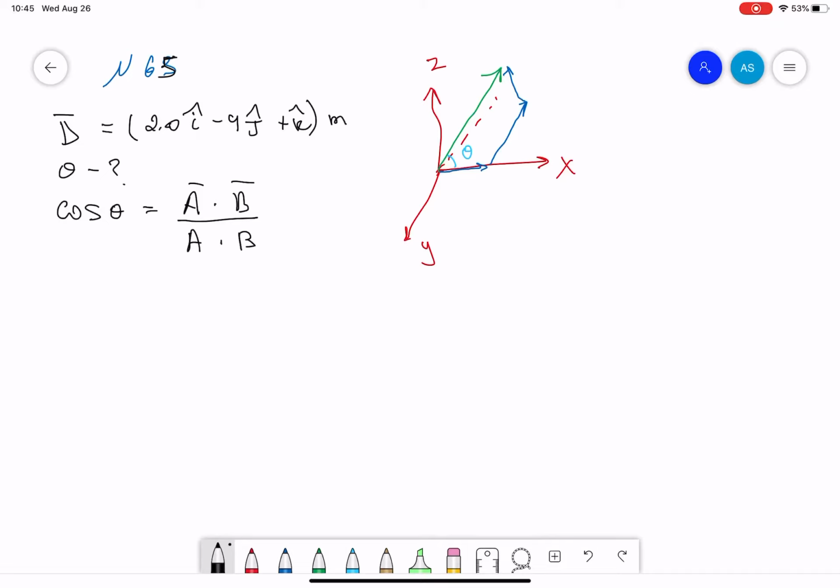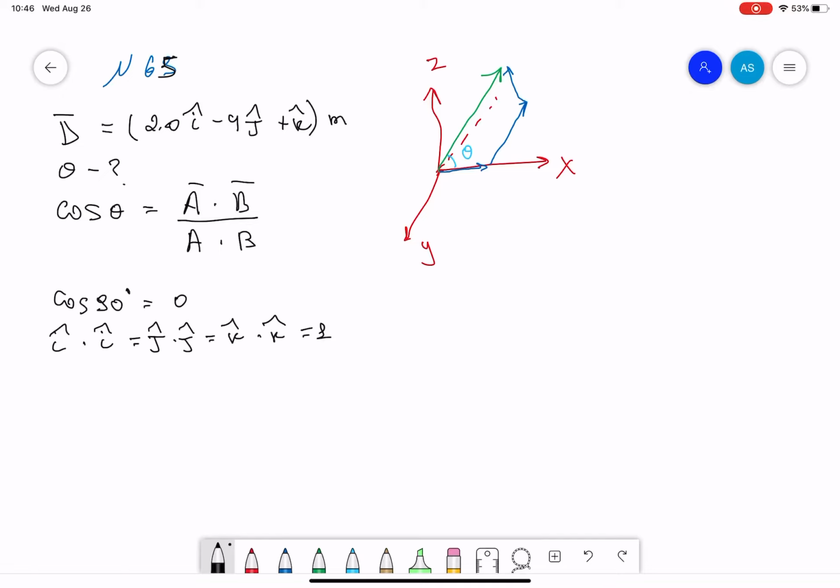First of all, we have to revise a few things. We know that in the dot product, if the angle is 90 degrees, cosine theta gives you 0, right? So we can conclude that i vector multiplied by i vector, j vector by j vector, and k vector by k vector will give you 1, because they are in the same direction.